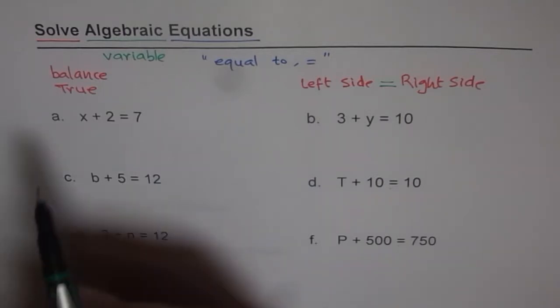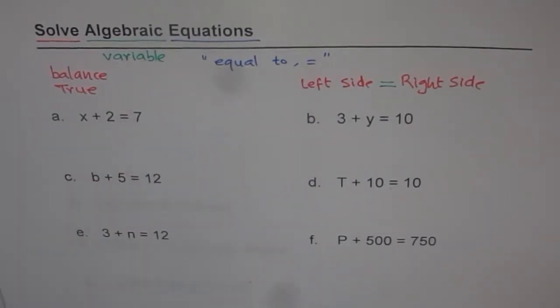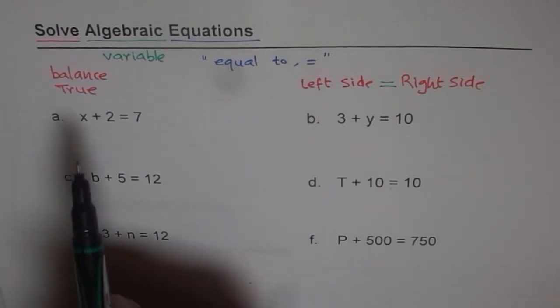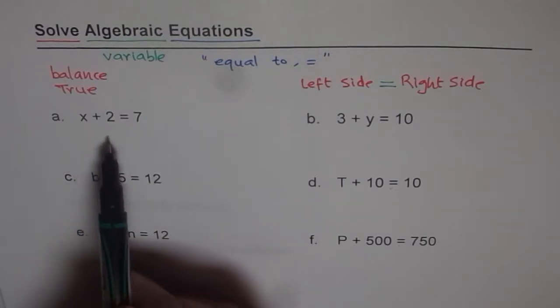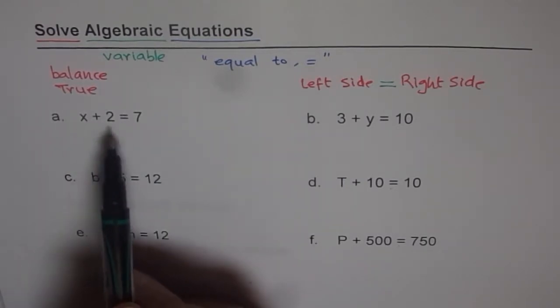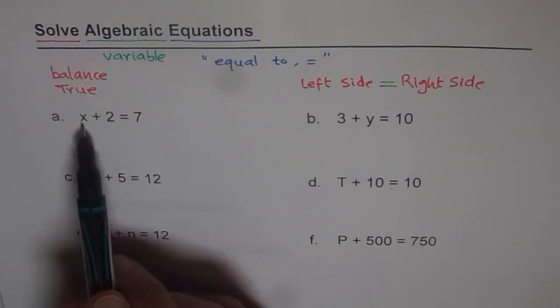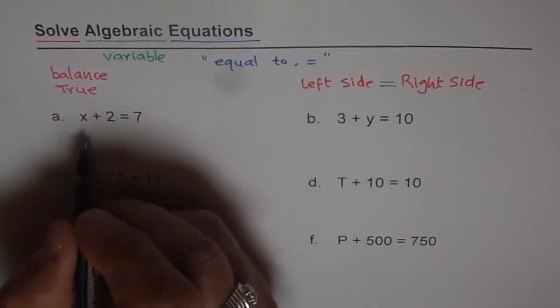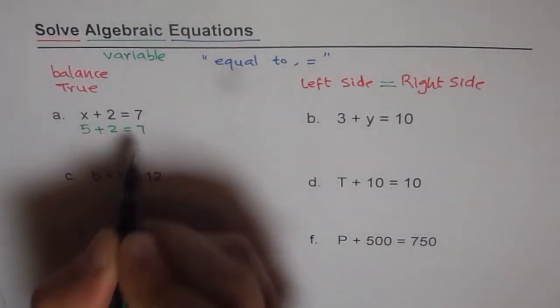The first equation is x plus 2 equals 7. What could be the value of x so that we can balance the two sides, the one on the left with the one on the right? By intuition or by guessing, you can figure out x could be 5, right? If x is 5, then 5 plus 2 is equal to 7.